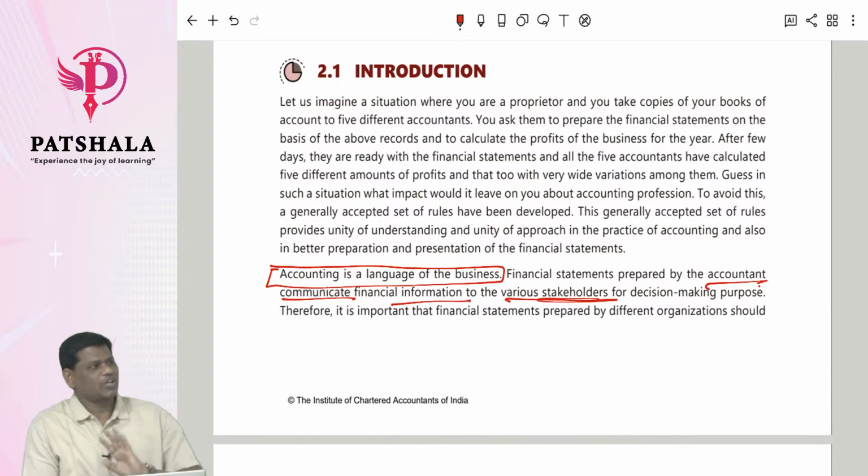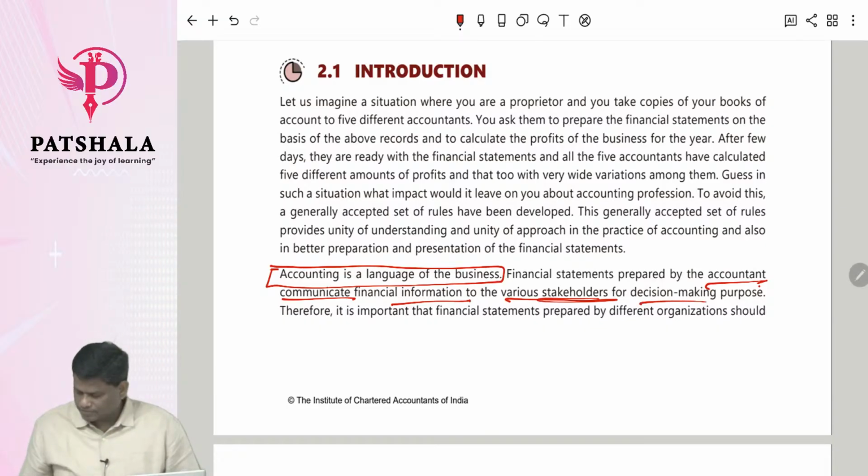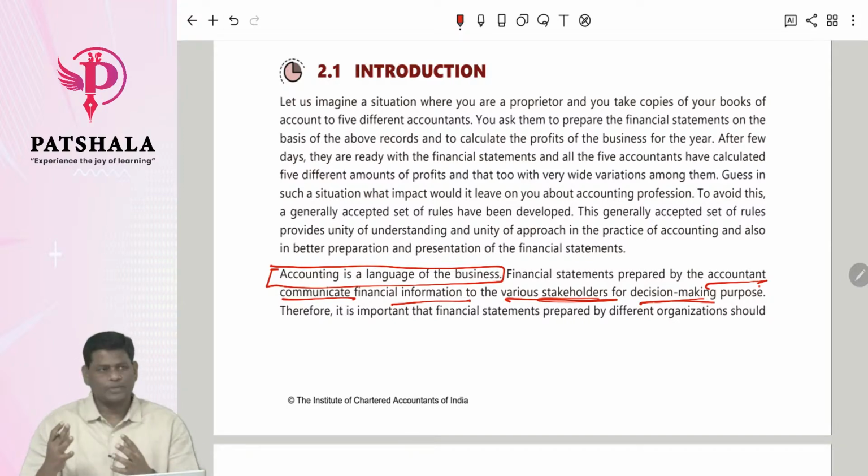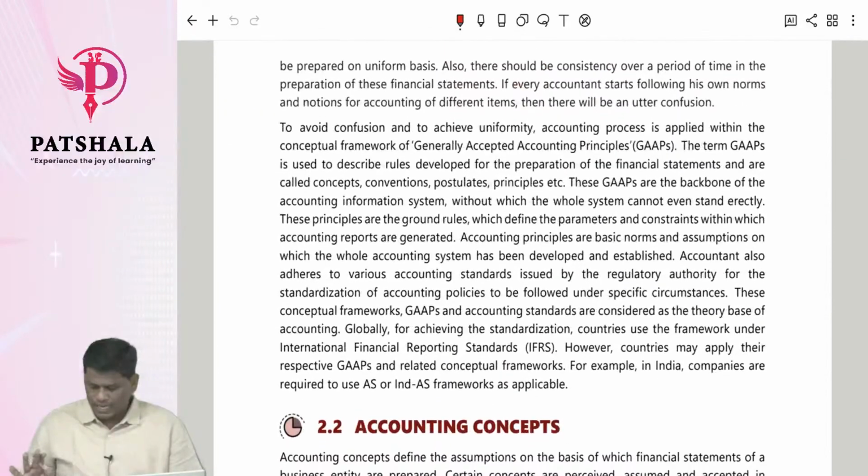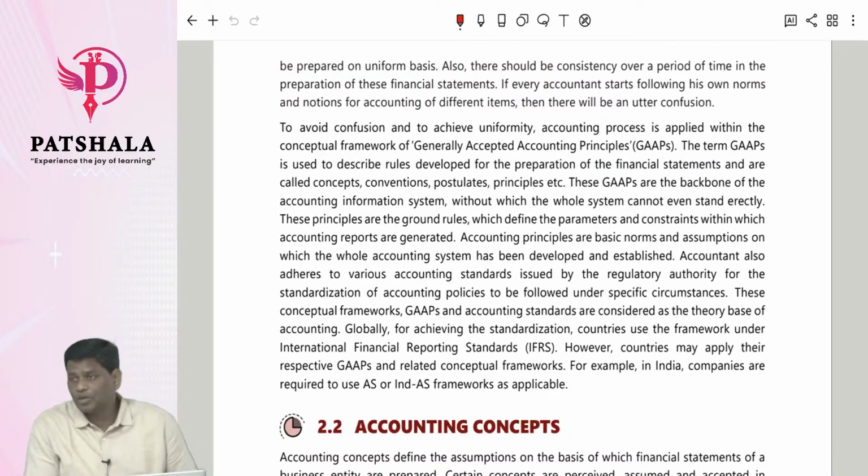Shareholder is one type of stakeholder. Everyone who is interested in your business is known as a stakeholder. They need various information. Why do they need information? For decision making. So in order to make uniformity, everyone should follow the same set of rules and regulations. That uniformity we call accounting principles.